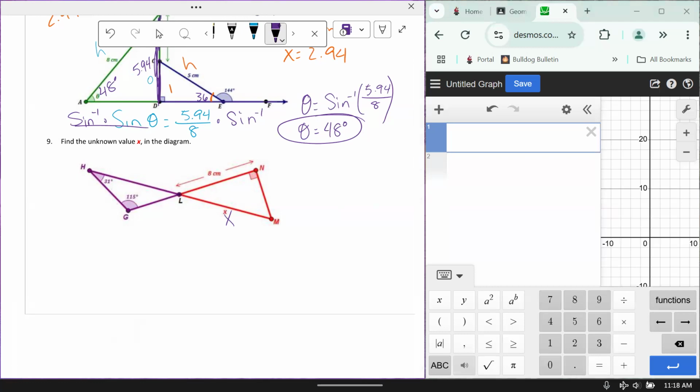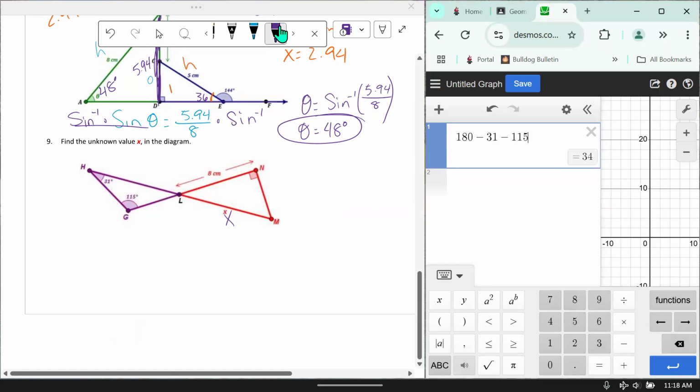We know all angles inside of a triangle add up to get 180 degrees. So we're going to go 180, go back. 180 minus 31 minus 115. And that gives us 34 degrees. Now, you guys should be able to recognize, because we know these things, that this angle and this angle are vertical angles.